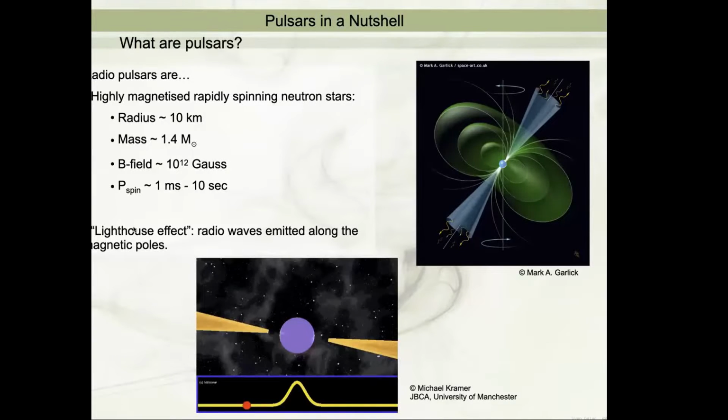A typical neutron star would have 1.4 solar masses, so times the mass of the sun, basically, in terms of mass. So this means that if you shrink all that matter into a tiny object the size of a city, you end up with a really, really high density.